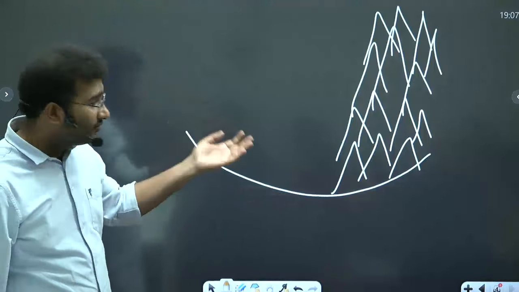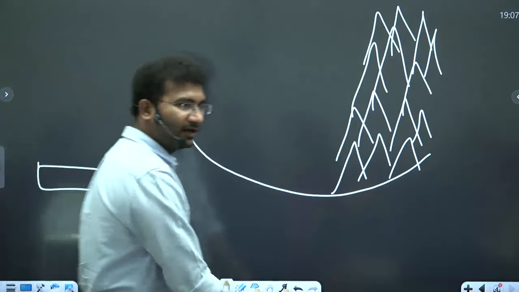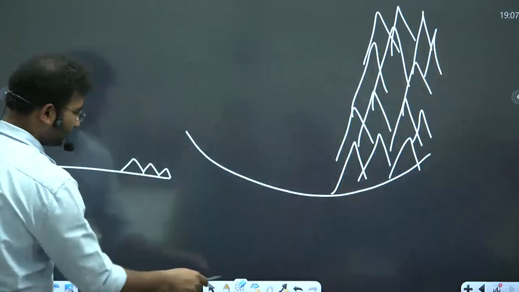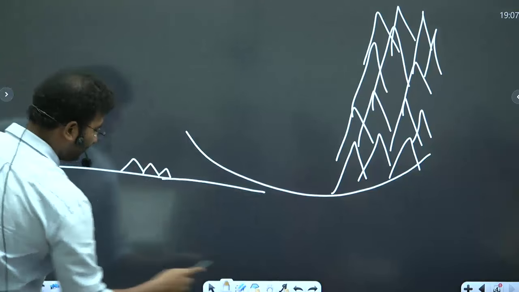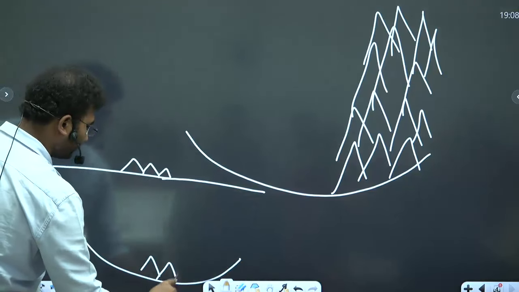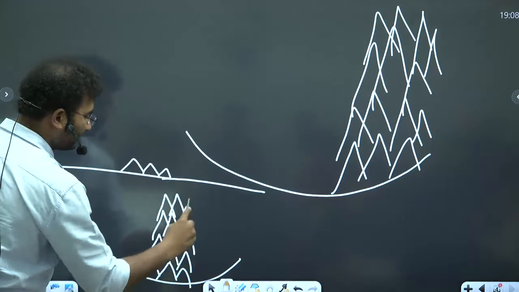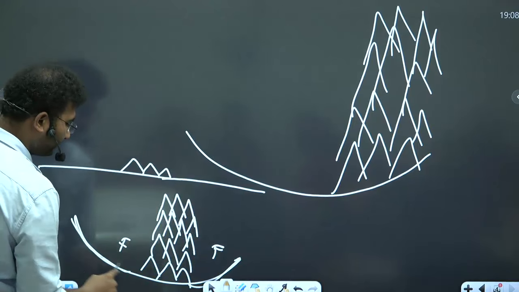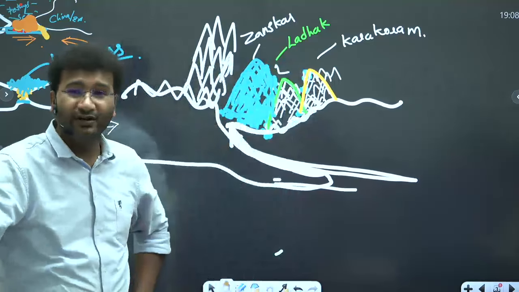Earlier, this is how the plate used to be. But now the shape of the plate got changed. Or else you can also imagine it to be like this. Earlier this is the shape of the plate, but now the shape of the plate is what? Foredeep. What is this? Foredeep. So during the time of the formation of the Himalayas, there were foredeeps that were being formed.